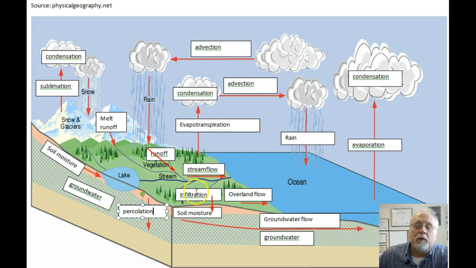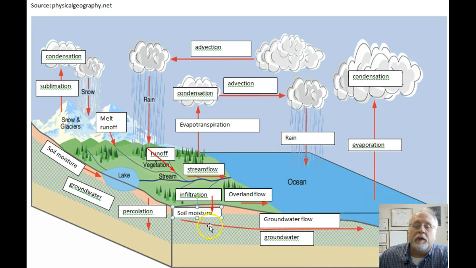Our other thing we're trying to do is infiltration. We're trying to get it to go into the ground, into the soil moisture, at least temporarily. Now, in some of our technologies, we use drains under that to, after we take it through the soil moisture, drain it out sometimes, and what we've done is we've filtered it, we've improved the water quality, and we're also allowing maybe some evapotranspiration.